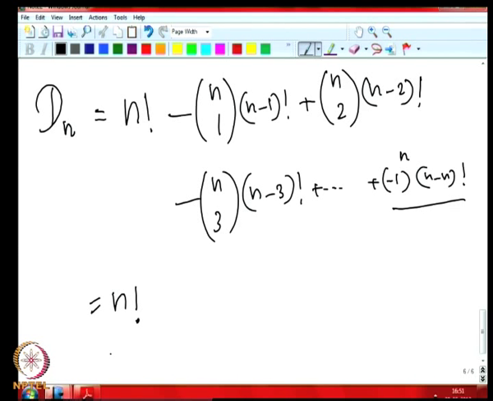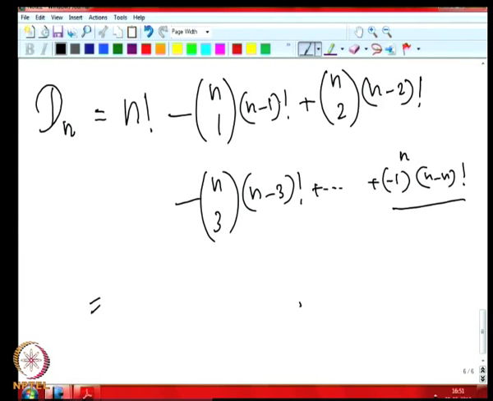So, this is actually 1 minus, this is what, n into n minus 1 factorial by 1 factorial. So, n into n minus 1 factorial will be again n factorial, right. I will do one thing, I will simplify it first. Let us take a typical term.